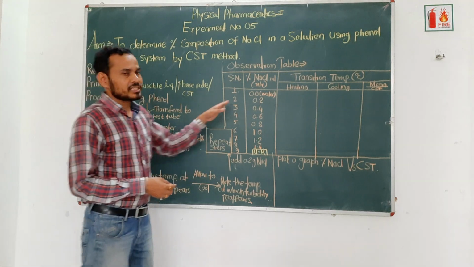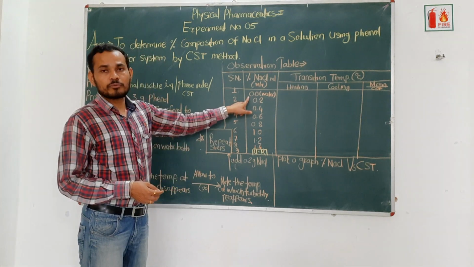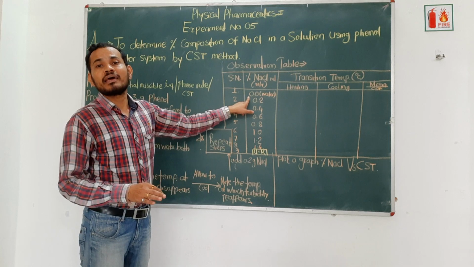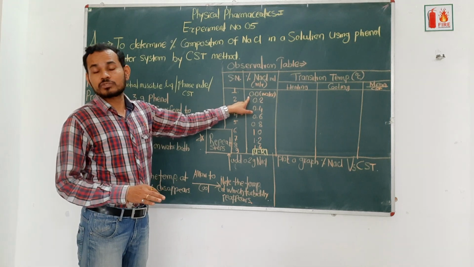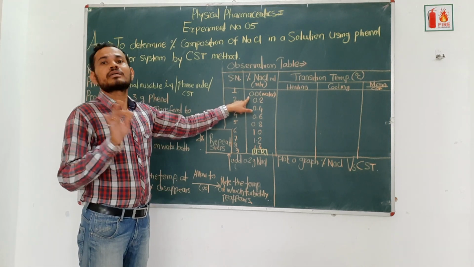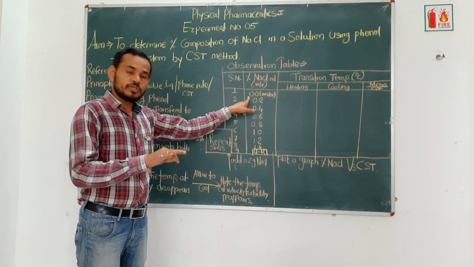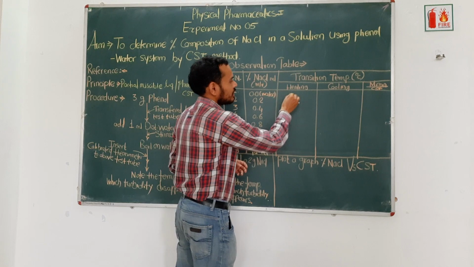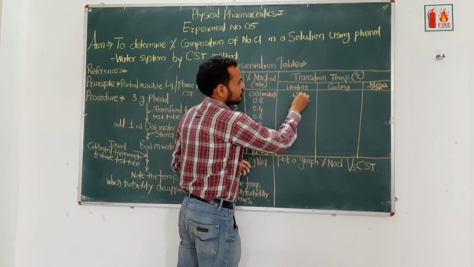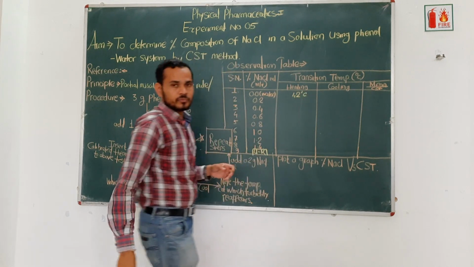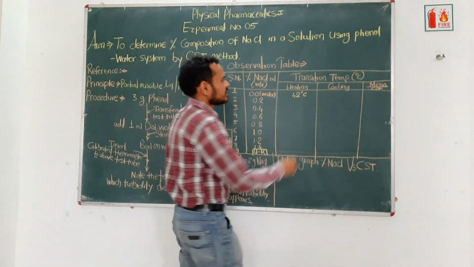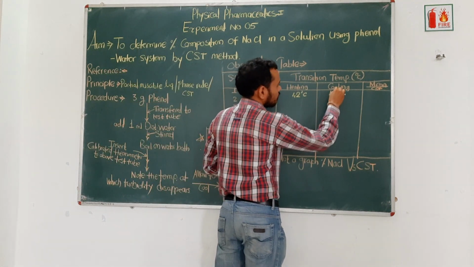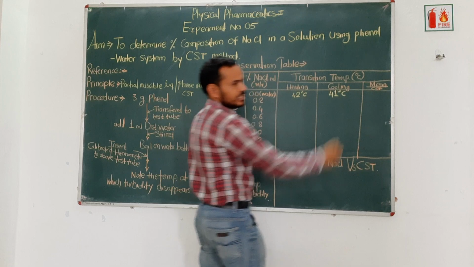Okay. So suppose we are performing this practical on plain water, and we are just going to determine the critical solution temperature of phenol and water. Say suppose we are getting 42 degrees centigrade, and then suppose we are getting, say, 41 degrees centigrade.